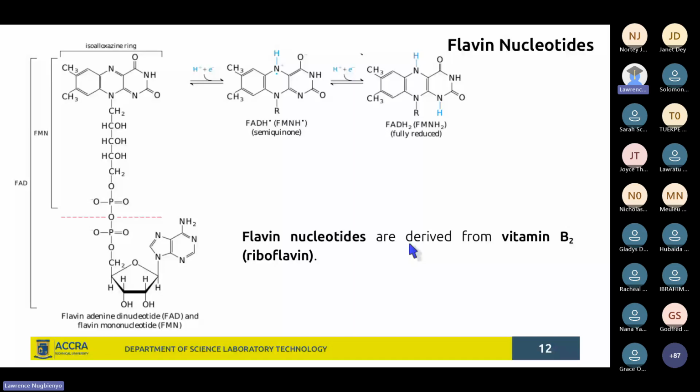You'll be seeing those things. And this is how the structure looks. So you have this coenzyme coming from vitamin B2. That is riboflavin. So you see the name, riboflavin, because it's coming from this flavin.